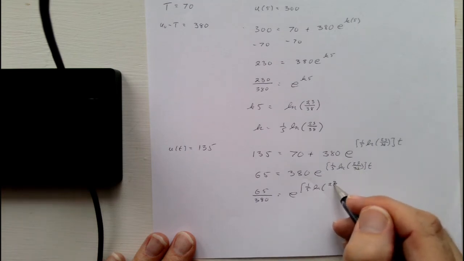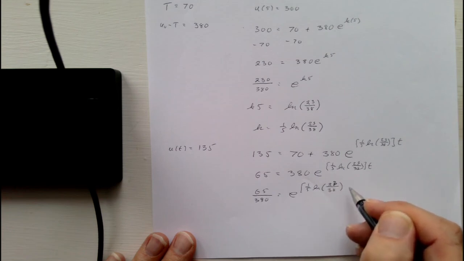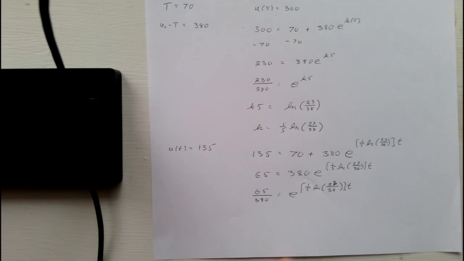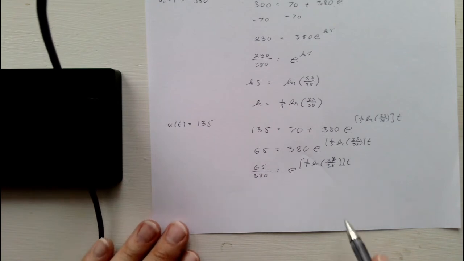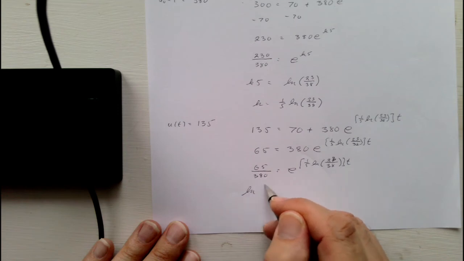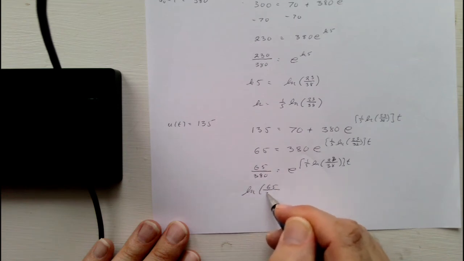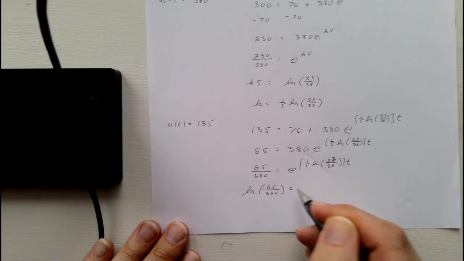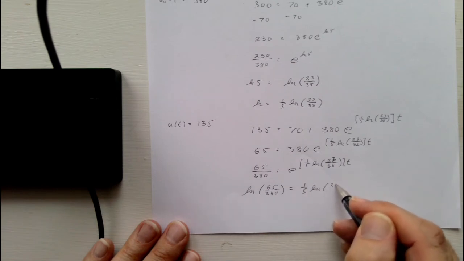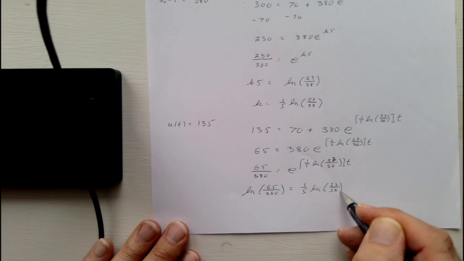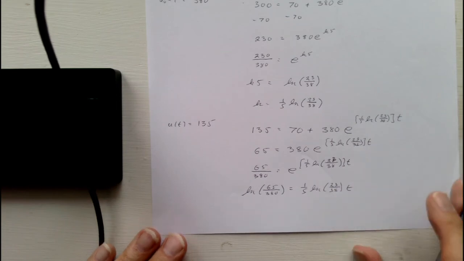And then we can take the log of both sides. And then this is 1/5 natural log of 23 over 38 times t.